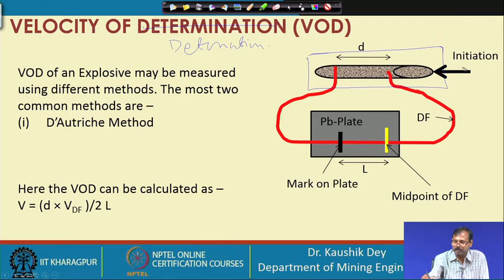Initiation to the column is given from this side, and the explosive column is tied with a detonating fuse at this point and at this point.